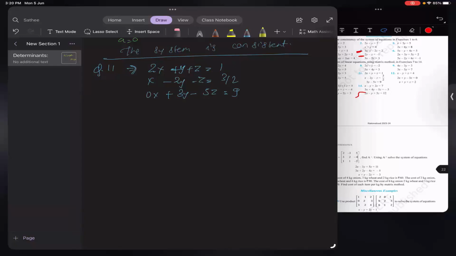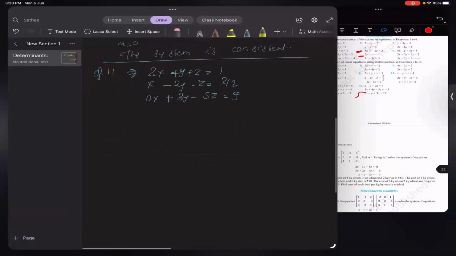If we now try to solve this system, we can first form the matrix. So let's quickly form our matrix.